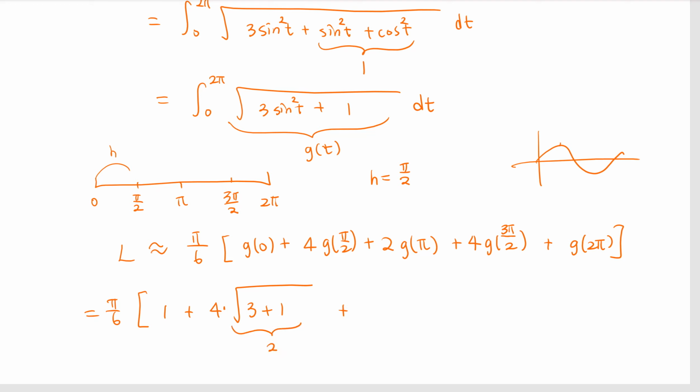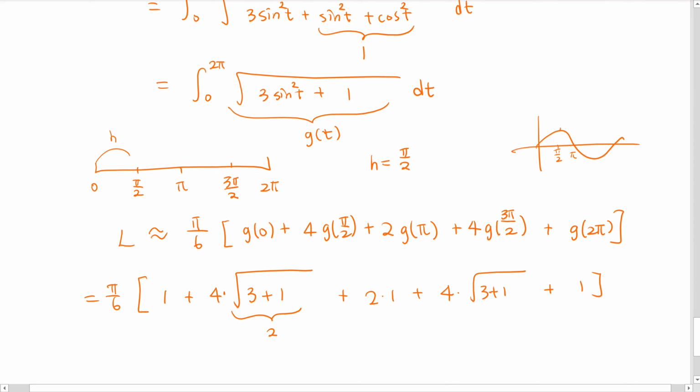We don't really need a calculator. See? 2 copies of sine of pi, which is 0, so the square root of 1 is 1. And then sine of 3 pi over 2 is minus 1, but minus 1 squared is 1, so we still have 3 plus 1 there. And sine of 2 pi is 0, so the square root of 1 is 1.